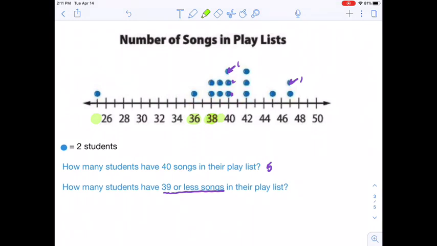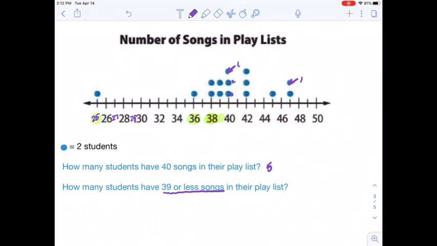So what's 1 before 26? It would be 25. So we could say 25, 26, 27, just to test it out, 28, 29. So we know we're counting it right, because when we're counting, we're getting the same number that's already printed on the scale for us. So we're okay.